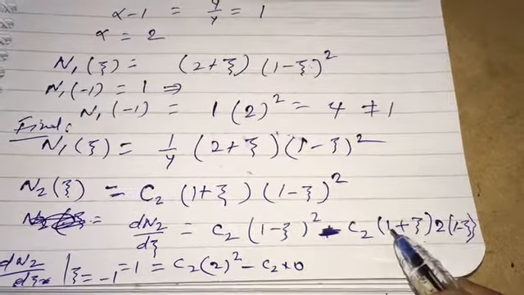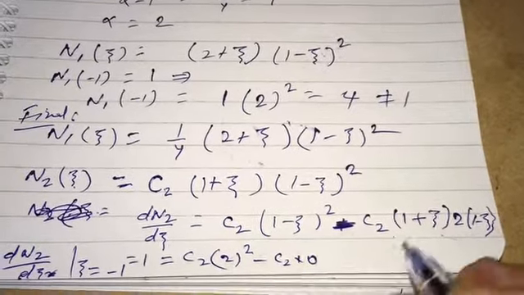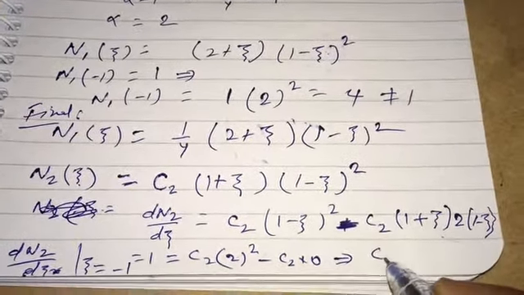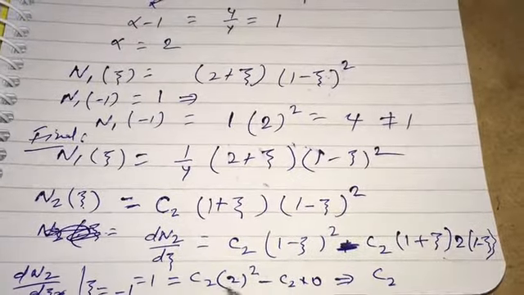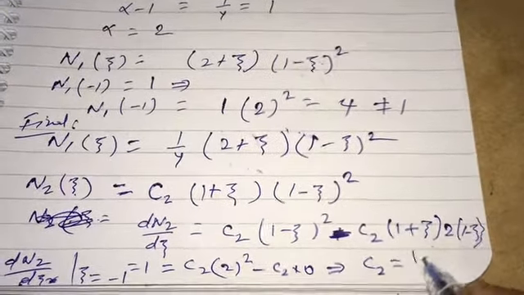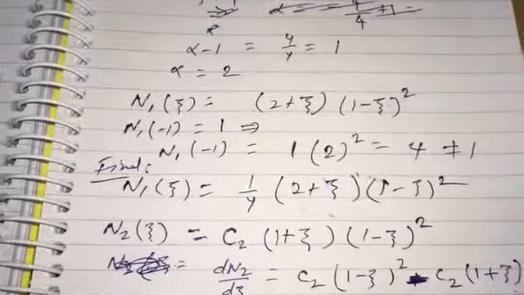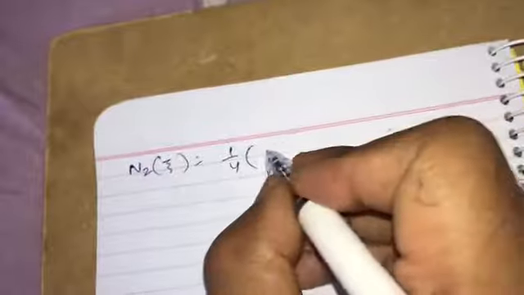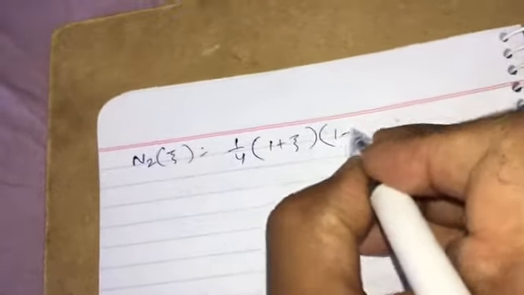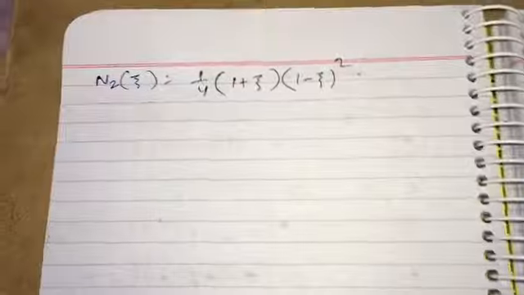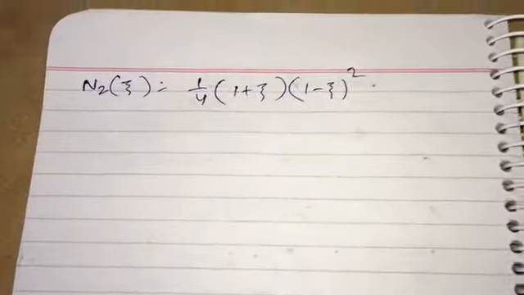Xi equal to minus 1 you put here, so everything becomes 0. So, that really means C2 equal to 1 over 4. Okay. So, simply we will have N2 xi is equal to 1 over 4, then 1 plus xi and 1 minus xi square. So, we got N2 this way.